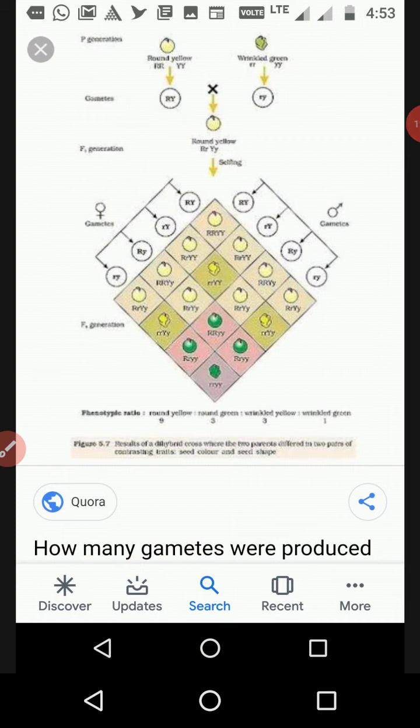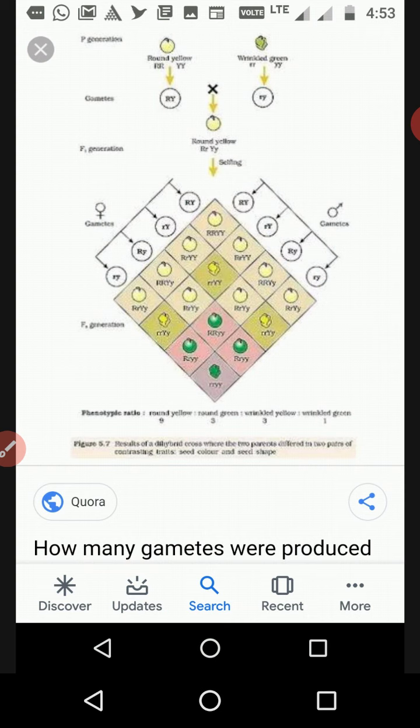Clear? Now here you can see the diagram showing the dihybrid cross, and Mendel used that dihybrid cross to show the third law of inheritance, called the law of independent assortment. So it is called the third law of Mendel. In that third law he used two types of parent.